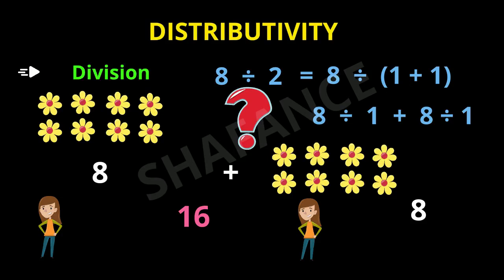That remains 2. But now when we are expanding the digit 2 and splitting it, the number of persons among which the items are being divided has changed. It has changed from 2 to 1. So that's why the division has changed and the distributive property does not apply in this case.